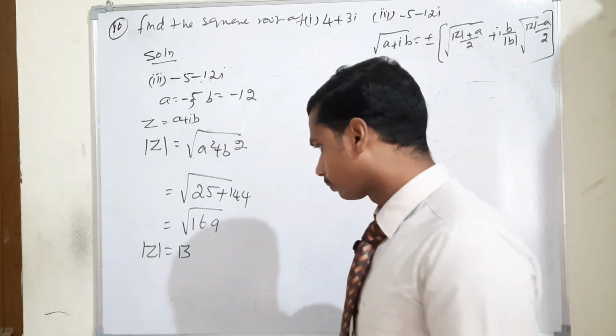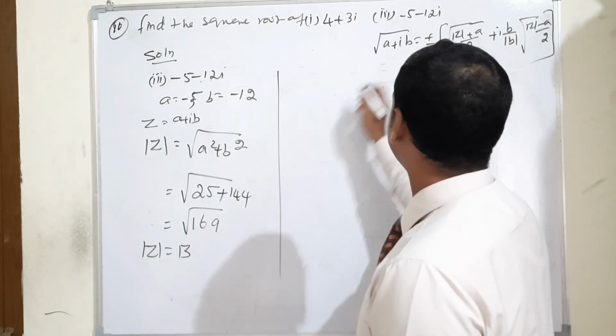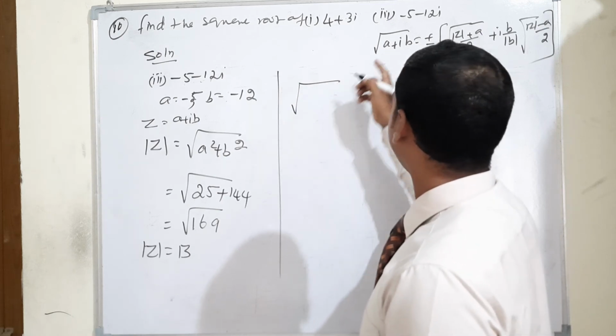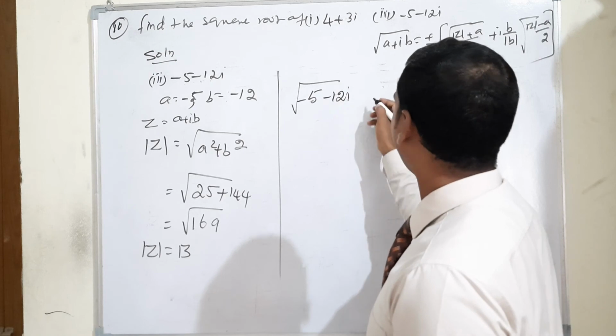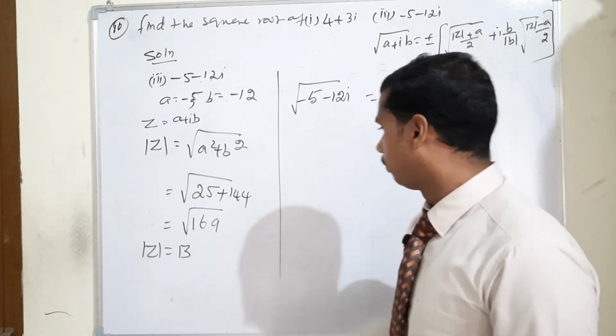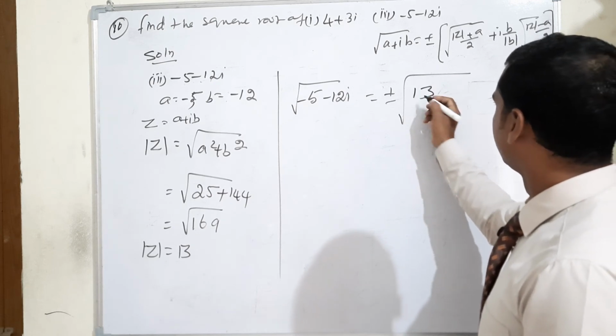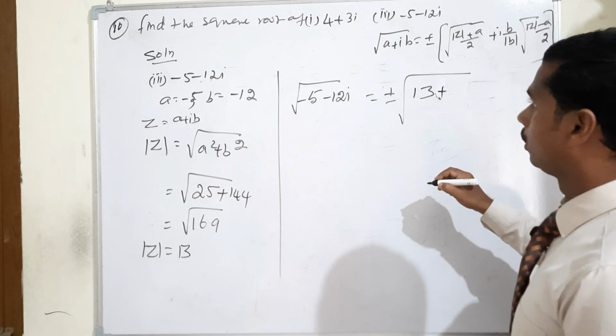Now the value is 13, so what do we have to do next? Again square root of a plus ib, that is minus 5 minus 12i, is equal to plus or minus. So modulus of z value will be 13. 13 plus a, where a is minus 5.